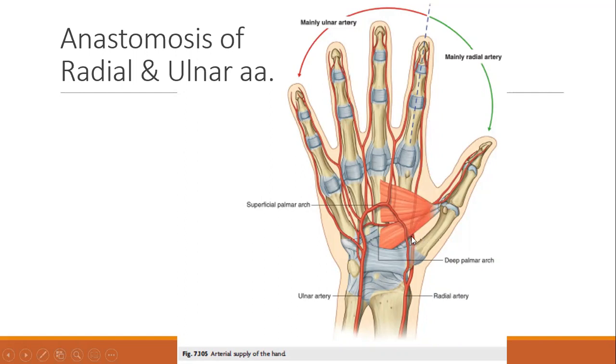But still, you see how radial artery is contributing to this deep palmar arch, as well as the superficial arch, and how ulnar artery is contributing to both the deep and the superficial arches. So they're anastomosing in the hand. These two arches link up again. You see how this branch is coming off of the superficial, and then branches coming off of the deep.